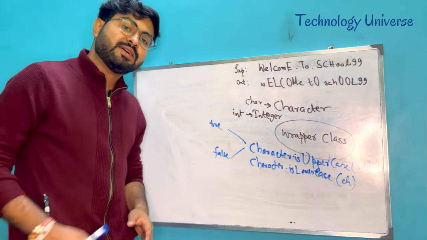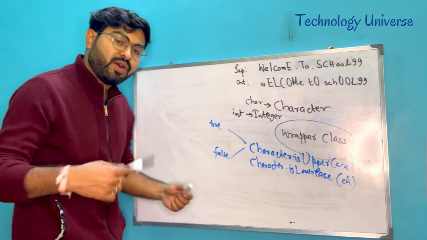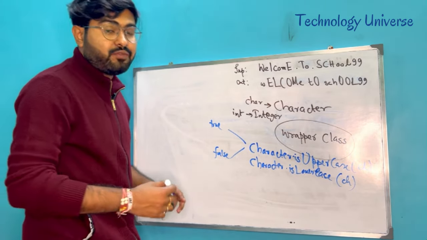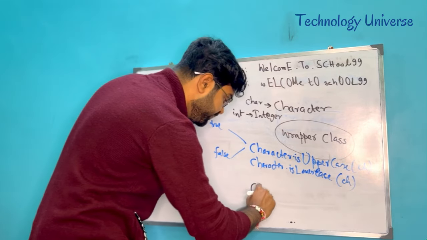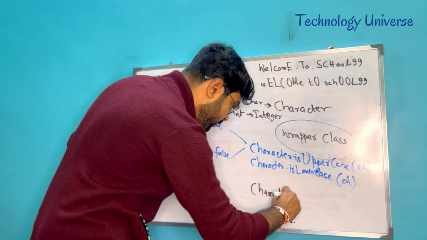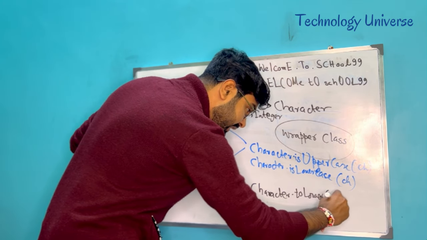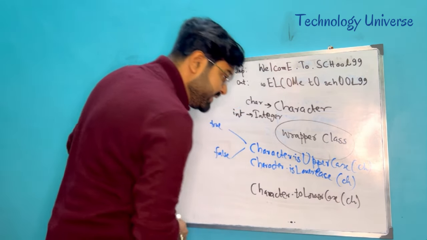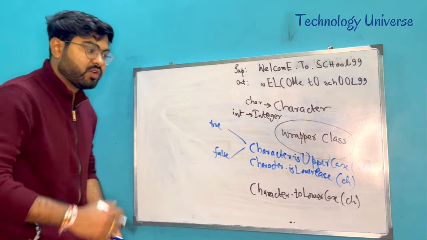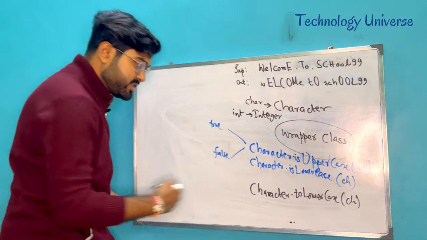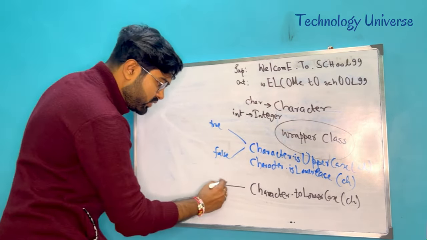Now we also have a set of methods that convert from uppercase to lowercase and vice versa. For example, we have Character.toLowerCase. If the input parameter ch is an uppercase character, it will get converted into lowercase. This is going to return a character.